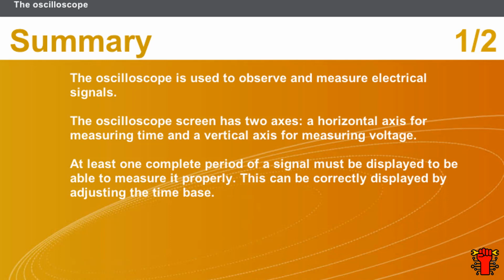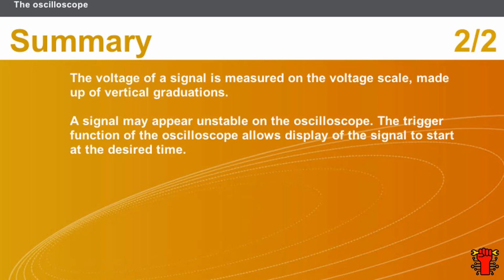This can be correctly displayed by adjusting the time base. The voltage of a signal is measured on the voltage scale, made up of vertical graduations. A signal may appear unstable on the oscilloscope. The trigger function of the oscilloscope allows display of the signal to start at the desired time.